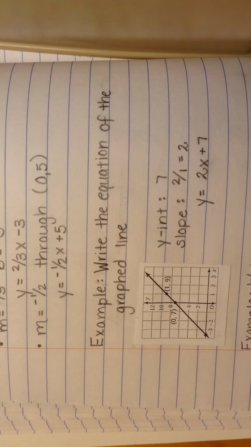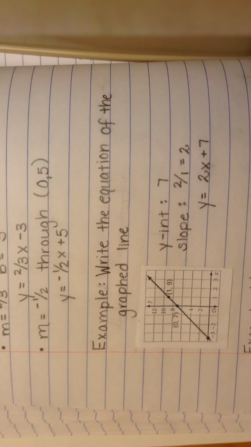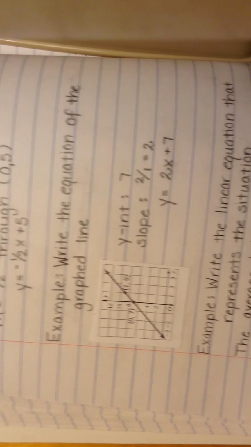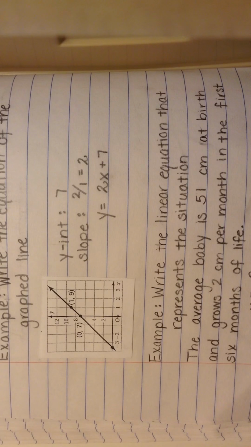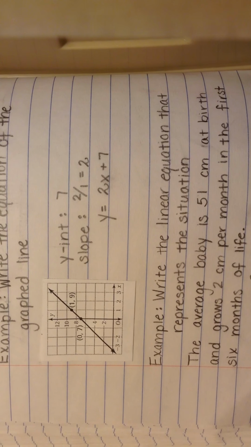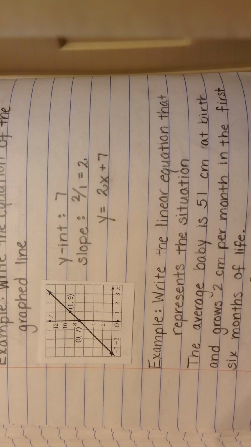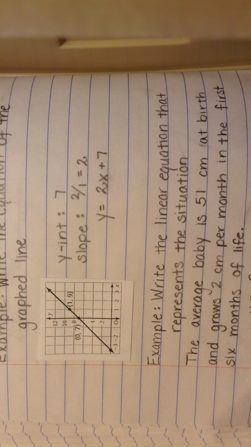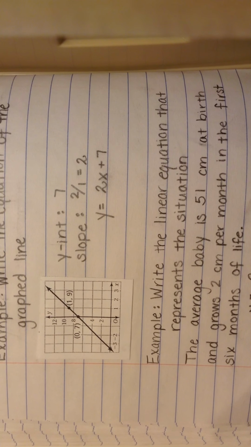Let's take a look at a word-based problem, a real word-based problem. And so we'll give you a moment to jot down the situation, and then we'll write the equation. So our example says, write the linear equation that represents the situation. The average baby is 51 centimeters at birth. And yes, I looked this up.